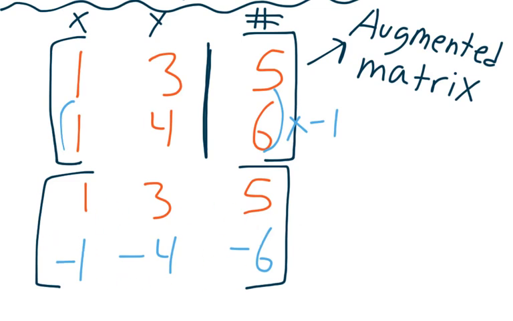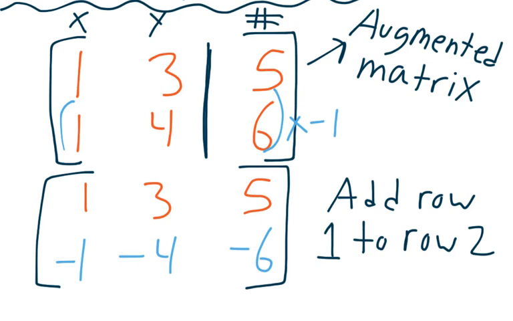So now I am here. What I'm going to do now is add row 1 to row 2. So what that will do: 1 plus -1 is 0, 3 plus -4 is -1, and then 5 plus -6 is -1.